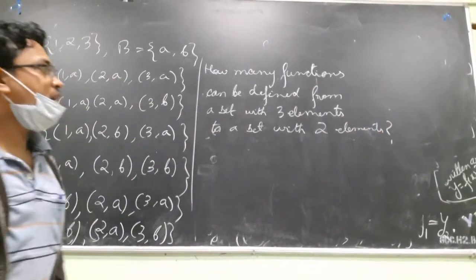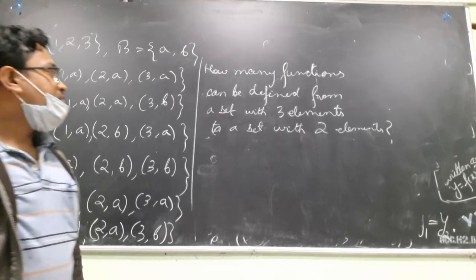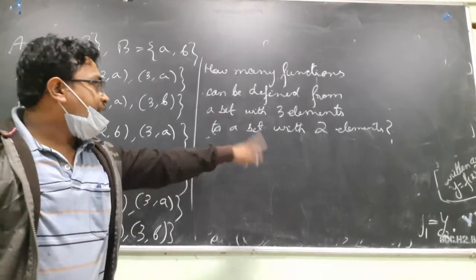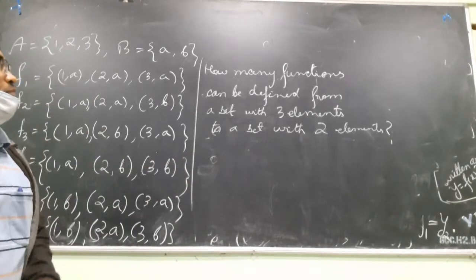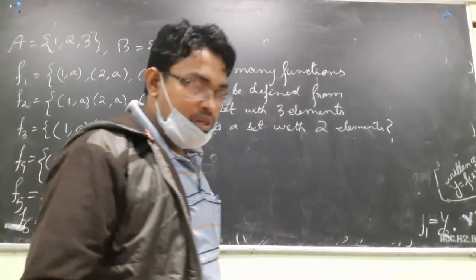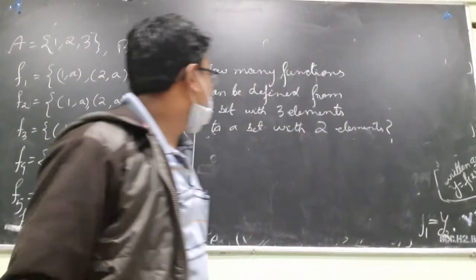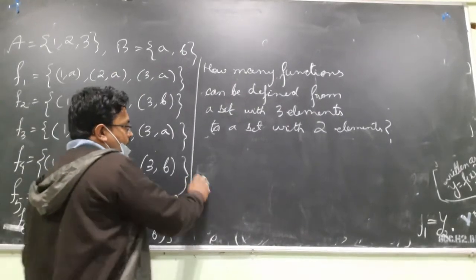How many functions can we define from a set having three elements to a set having two elements? So this becomes a problem of combinatorics now. 8 we can define.